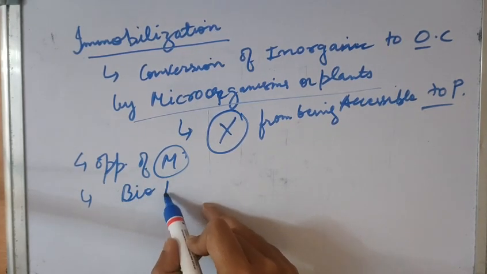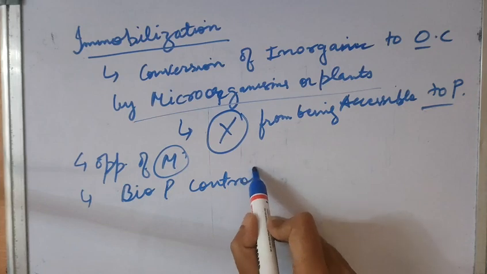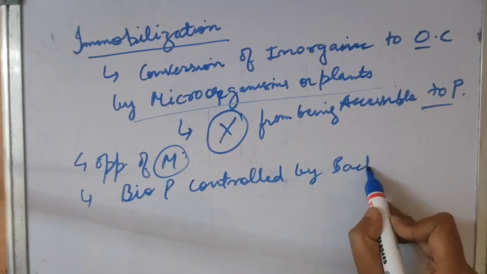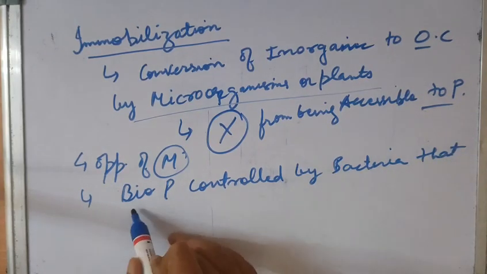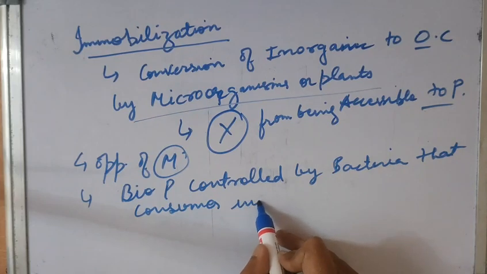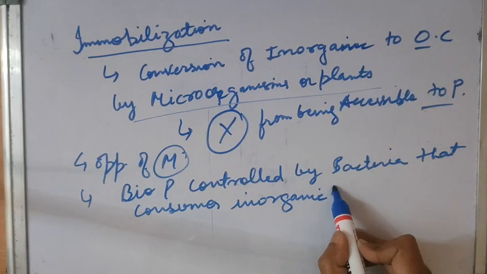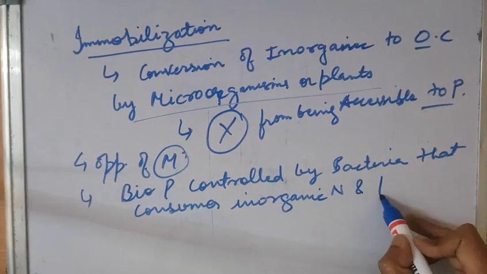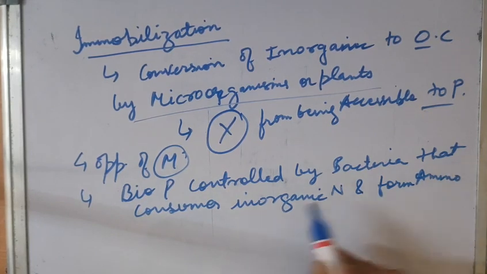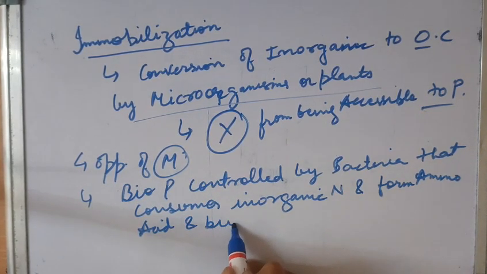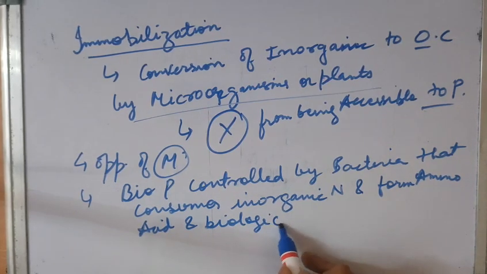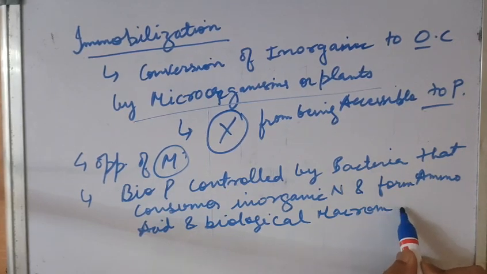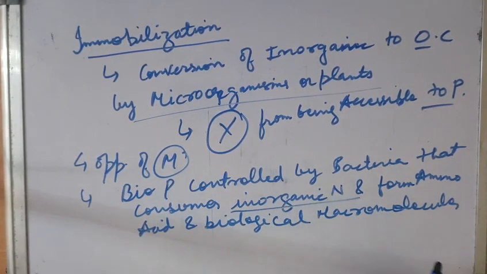So what happens with nitrogen: inorganic nitrogen, which was available to plants, is converted by bacteria into amino acids and other biological macromolecules which are not taken up by plants anymore.